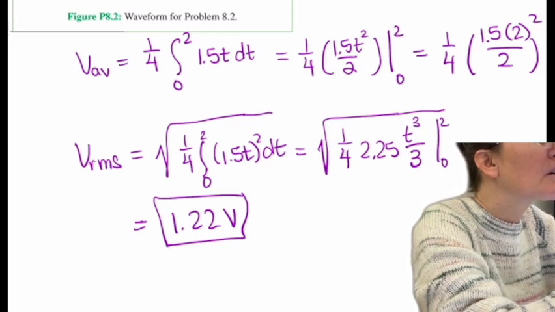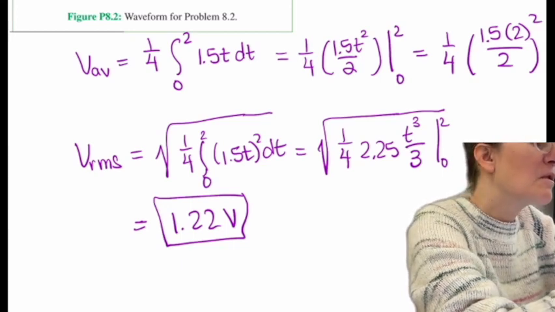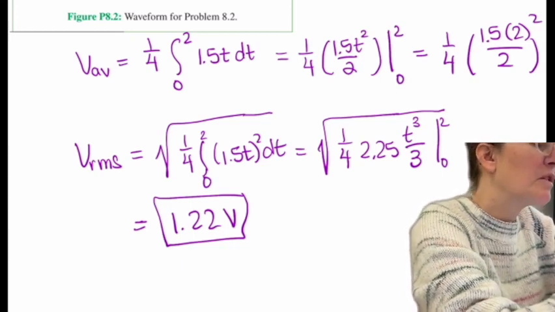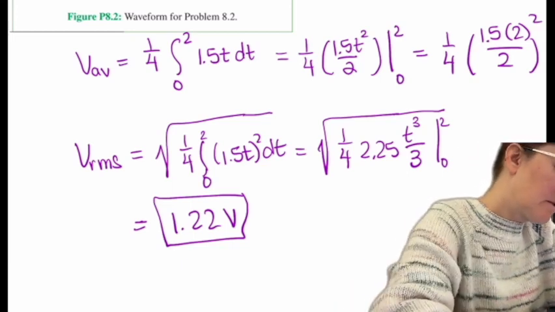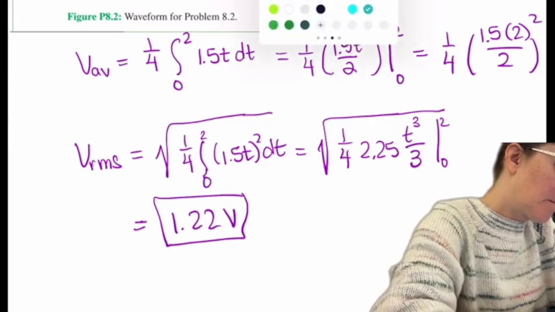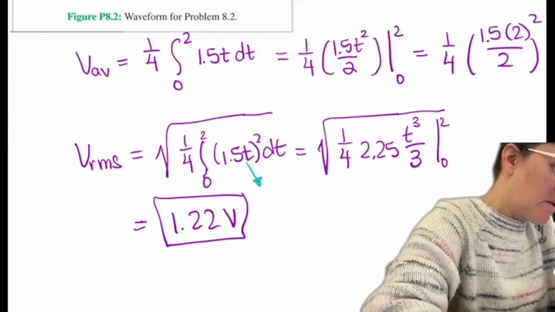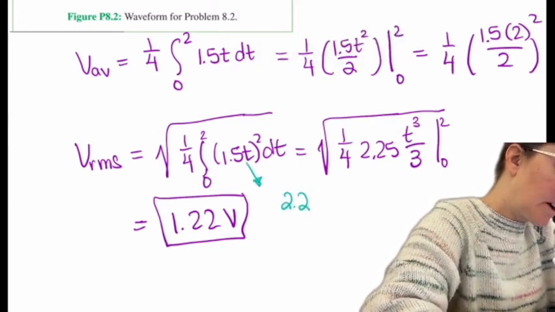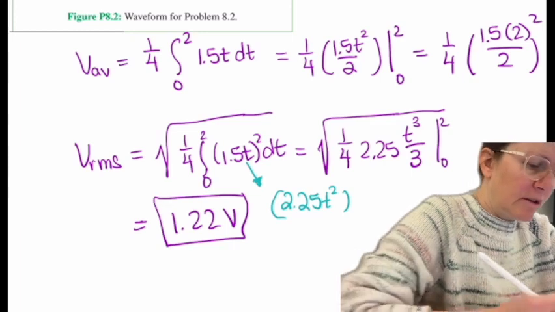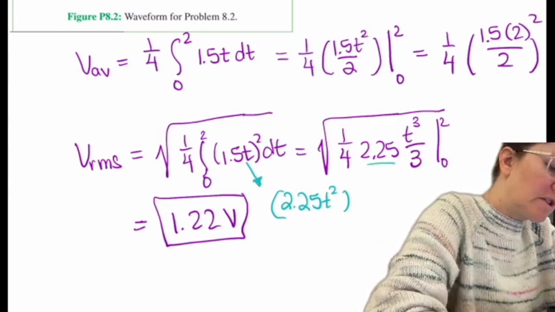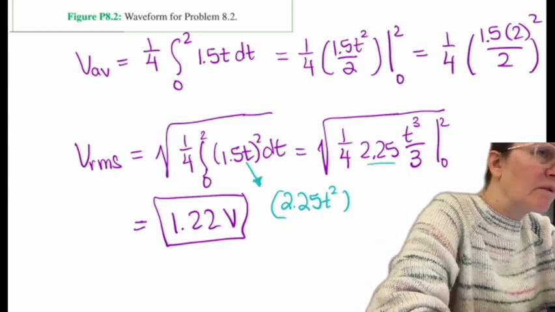Because it's the whole thing squared. 1.5 squared is 2.25. So this is 2.25t squared. And so you have the 2.25, and then the t squared becomes t cubed over 3.